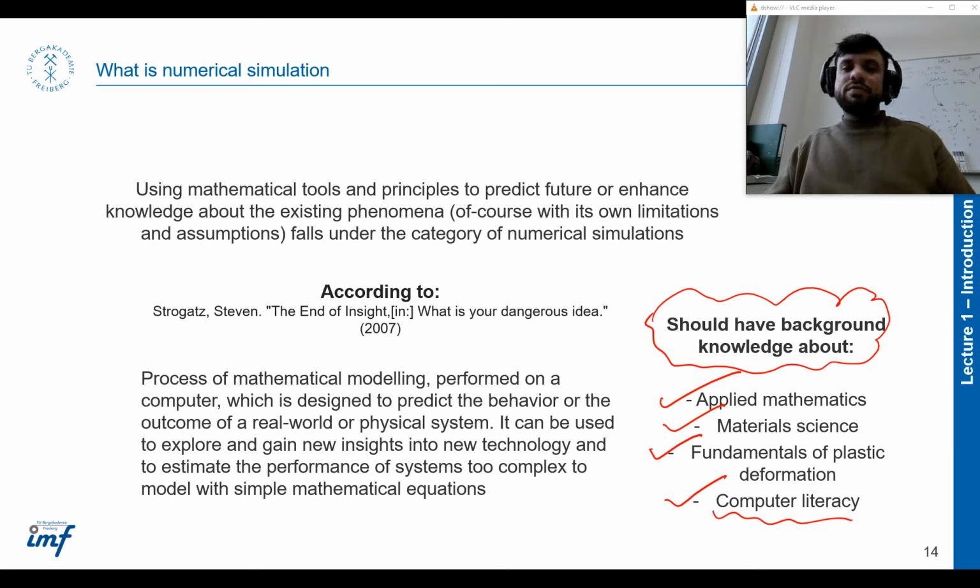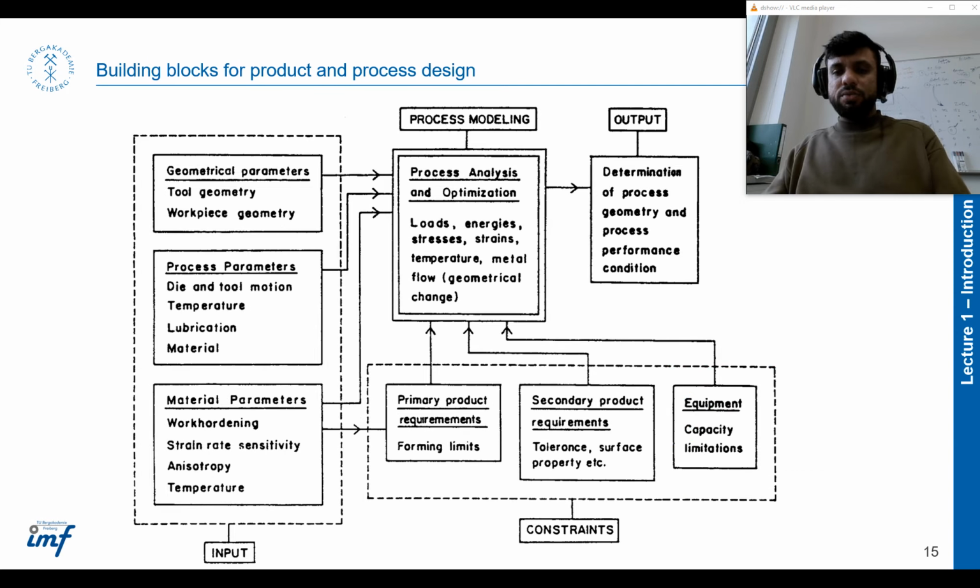So when we want to know more about numerical simulations, this is the background which you should at least have. And then I would come to a quick touch of the building blocks of a numerical simulation model.